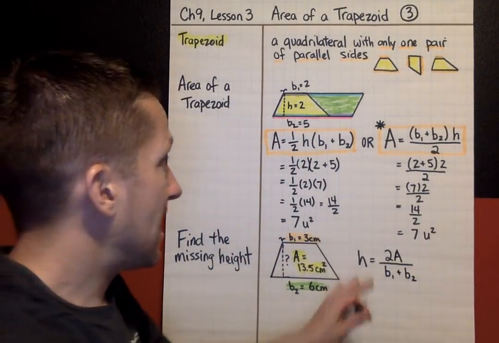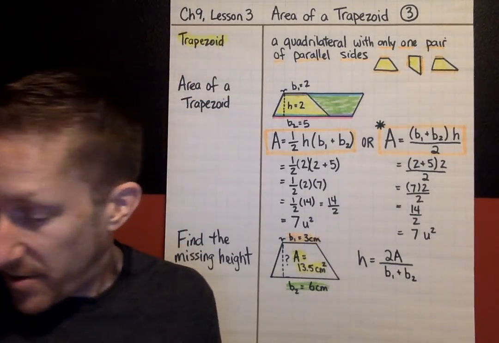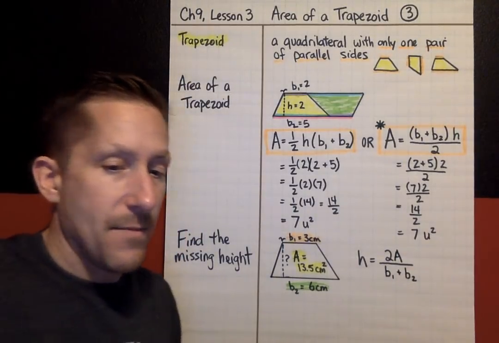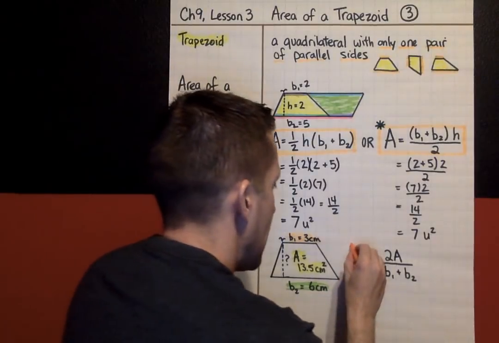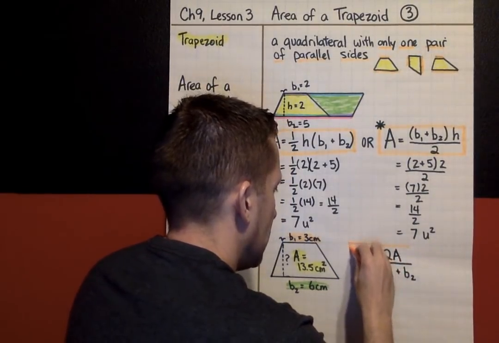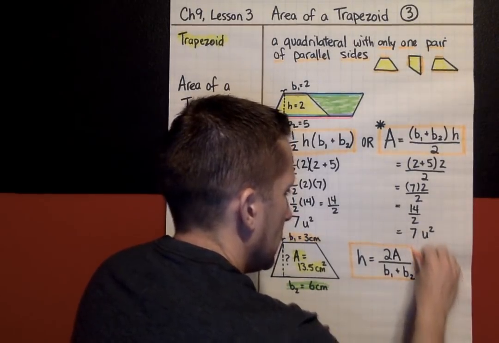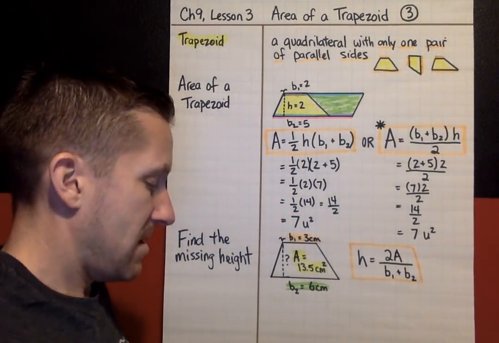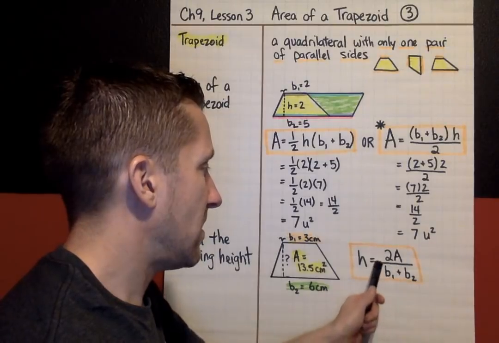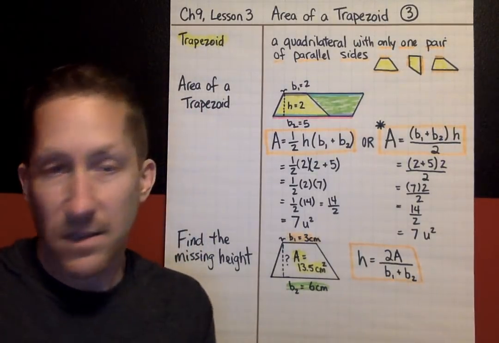Once we've got that, here's the formula you're using. You plug in the amounts that you know and solve it. So, formula, height of a trapezoid is 2 times the area divided by base 1 plus base 2.